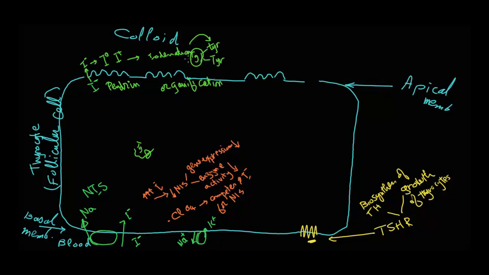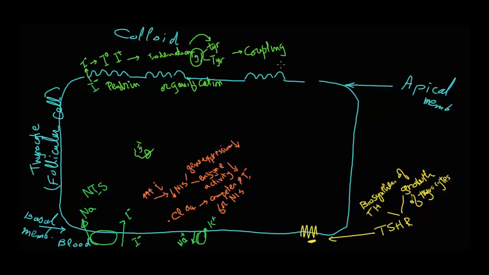Then the third step after the iodination of the thyrosyl residues of thyroglobulin is the so-called coupling. This means linking pairs of iodotyrosine within the thyroglobulin, the process which we described before, to form iodothyronines.